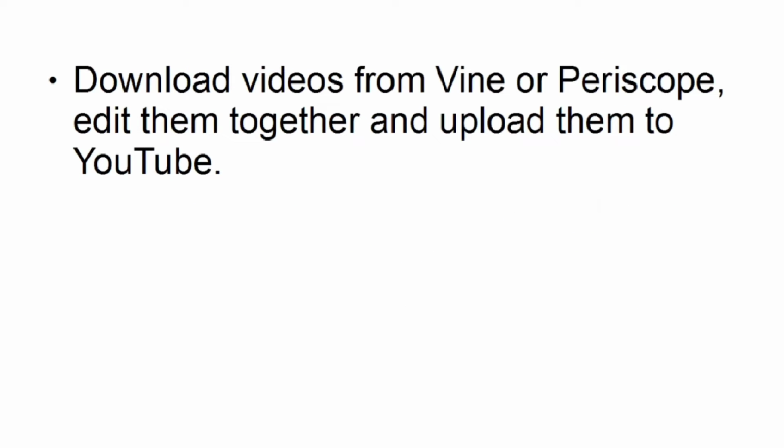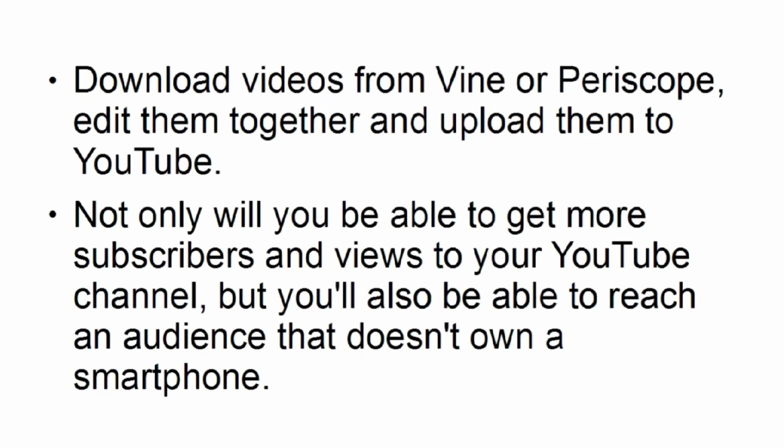For example, you could download videos from Vine or Periscope, edit them together, and then upload the result to YouTube. Not only will you be able to get more subscribers and views to your YouTube channel, but you'll also be able to reach an audience that doesn't own a smartphone and therefore wouldn't have seen them on those other platforms.